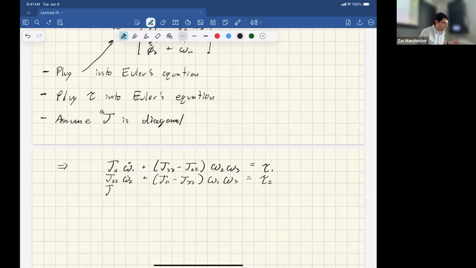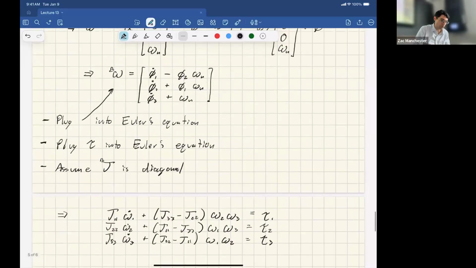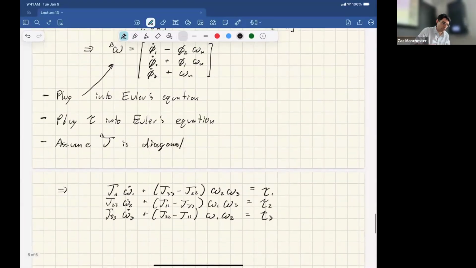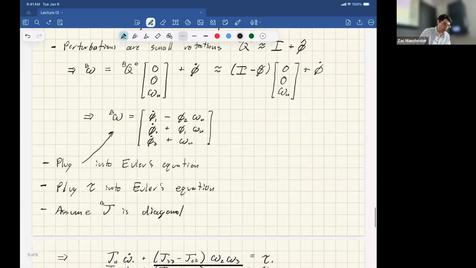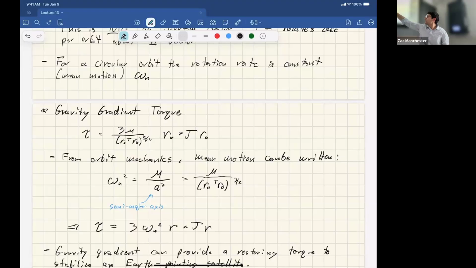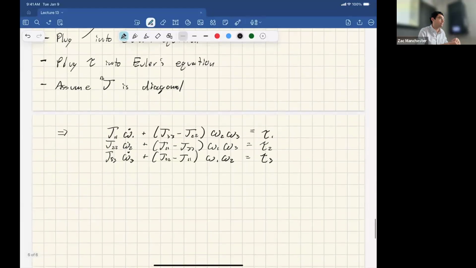So this is Euler's equation in components, like we've seen before. The omegas with the subscripts are coming straight out of here. And the taus on the right-hand side, the 1, 2, 3 components, are coming straight from our definition of gravity gradient torque up here. So that's it. You just write it in components and plug it in.